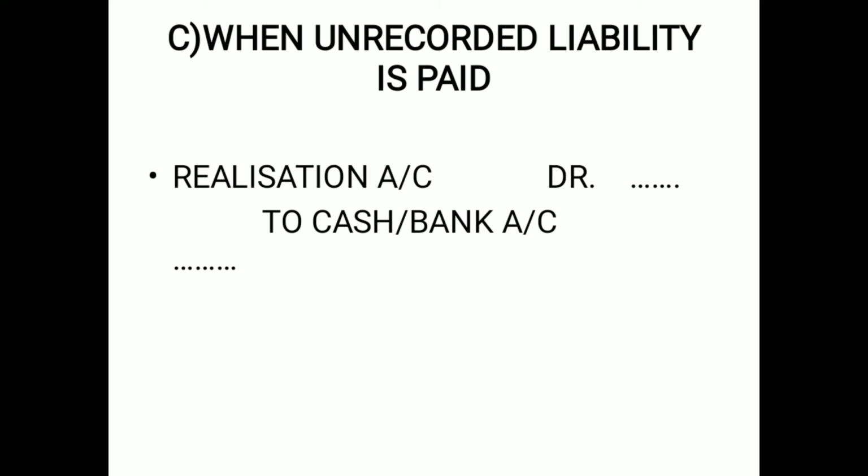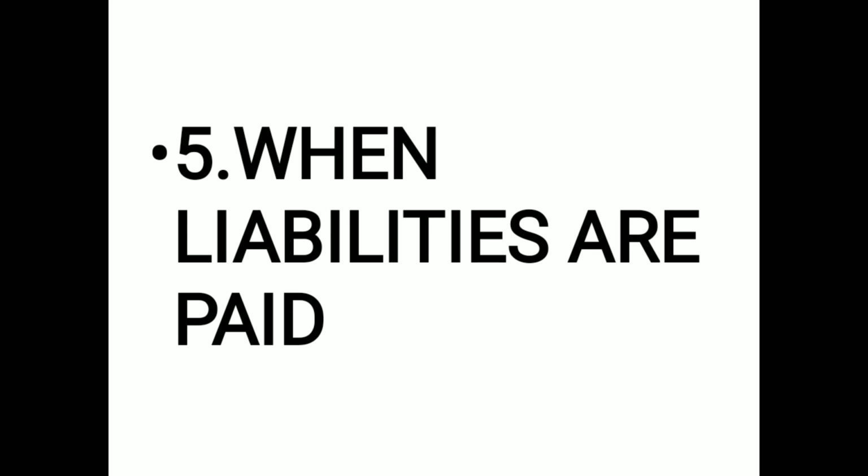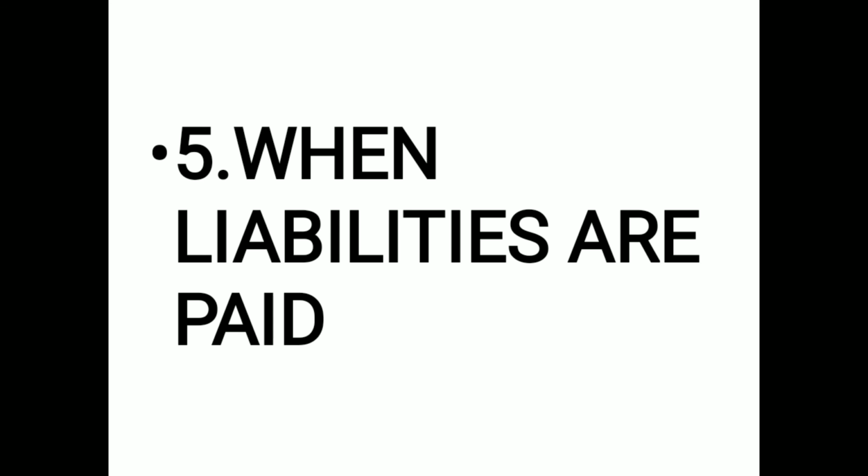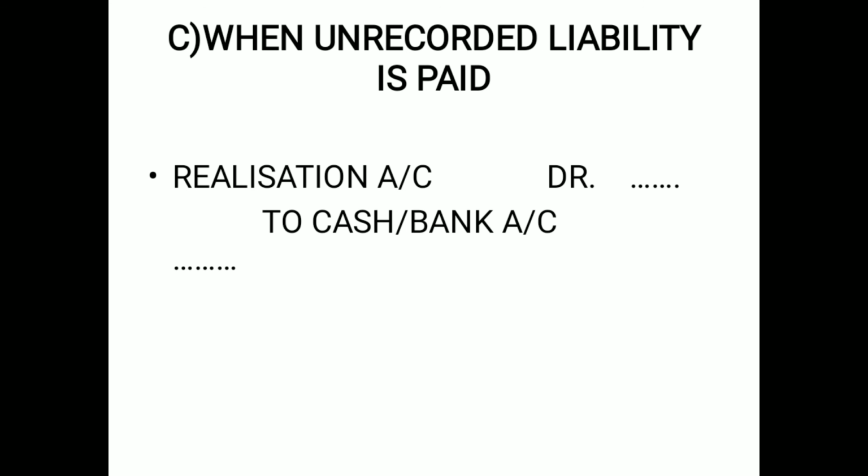Then when an unrecorded liability is paid, this is the journal entry for payment. This is again a reverse of the realization of unrecorded asset. It is cash account debit to realization account there; here it is realization account debit to cash and bank account.